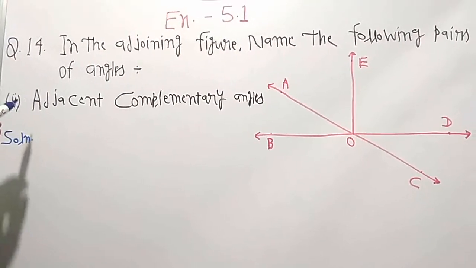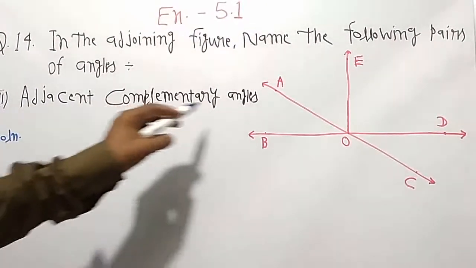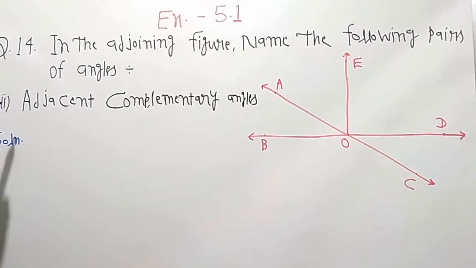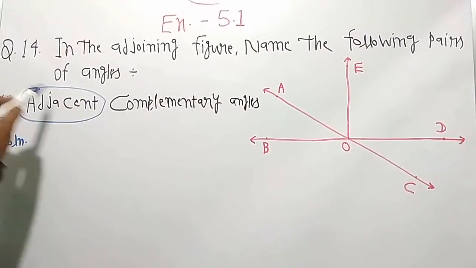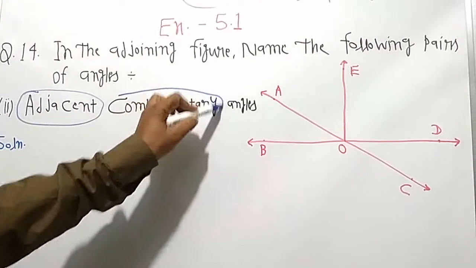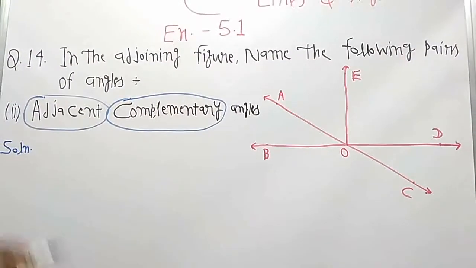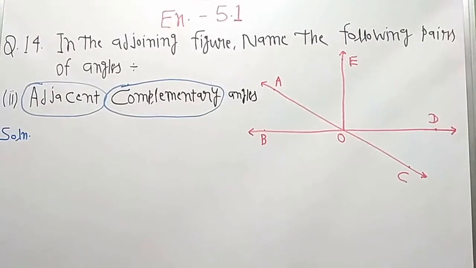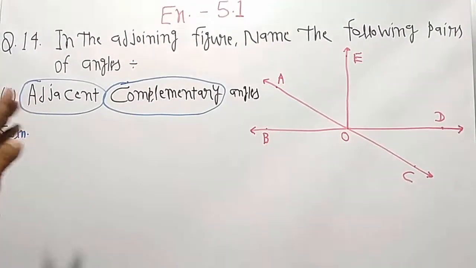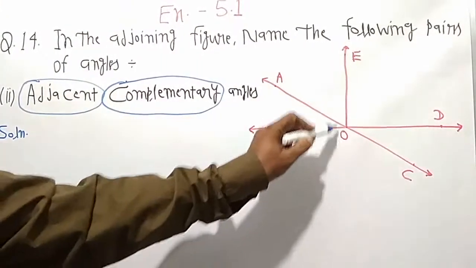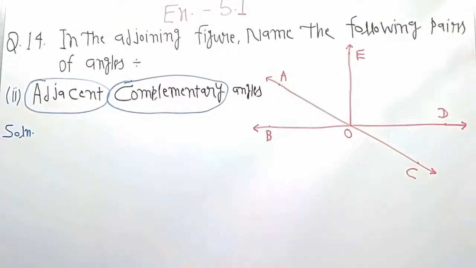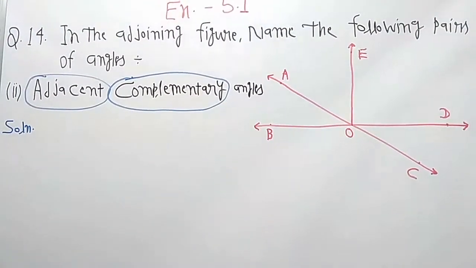Second part, it is adjacent complementary angles. So in this part there are two concepts, the first one is adjacent angles, and the second one is complementary angles. We know very well what adjacent angles are. Adjacent angles are those in which we have a common vertex. So this is the common vertex for all these angles, so there is no problem. First condition is satisfied.